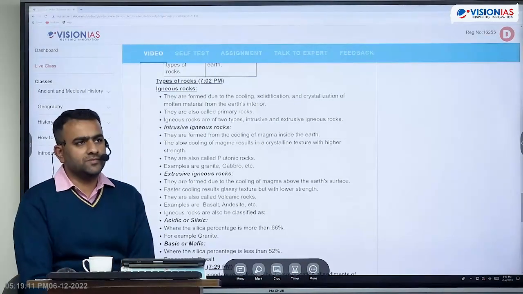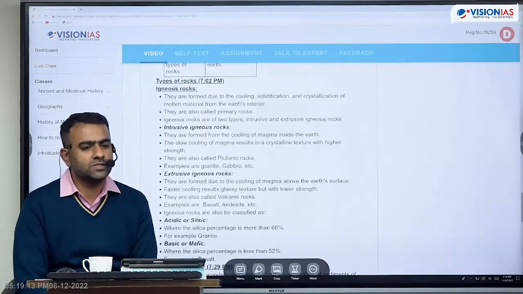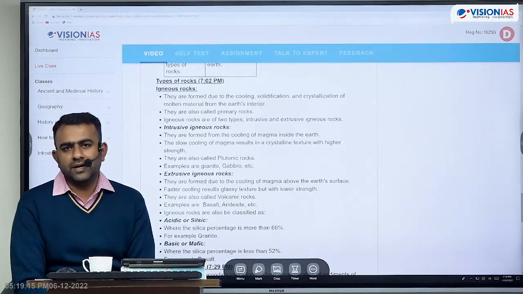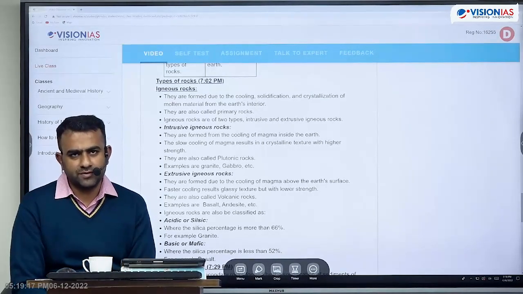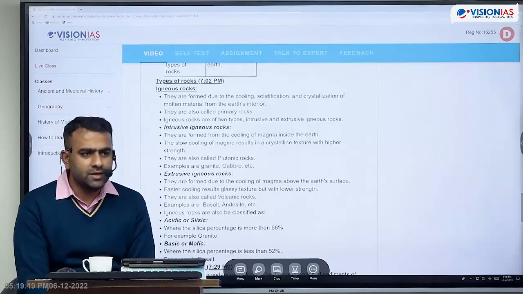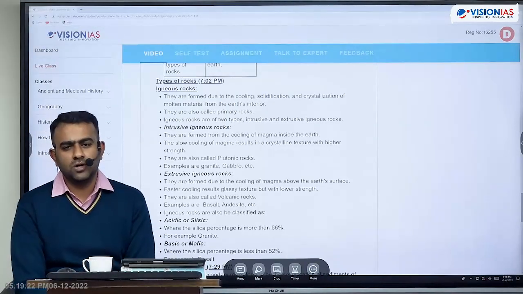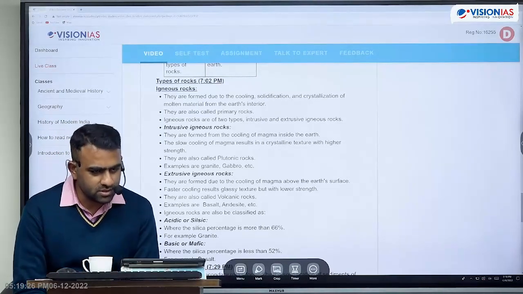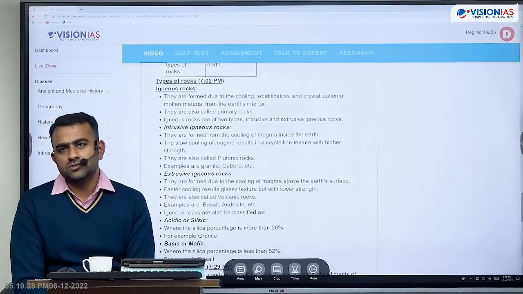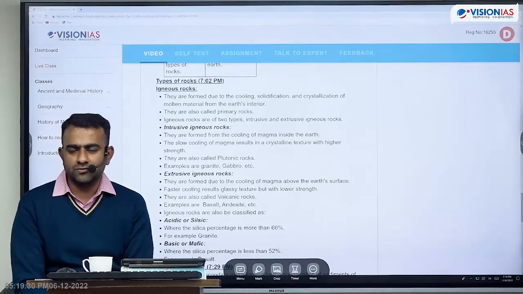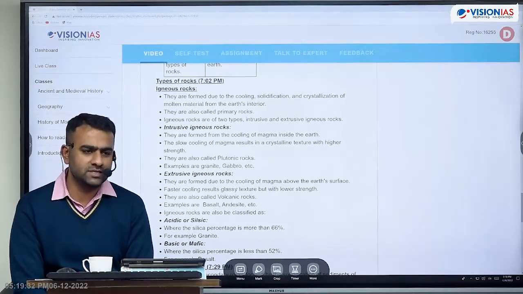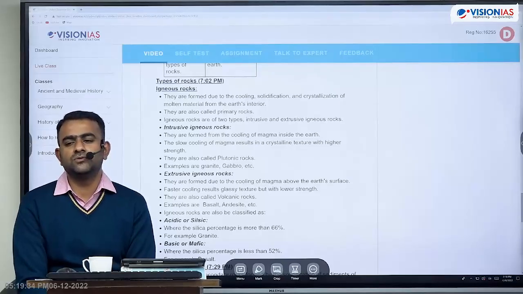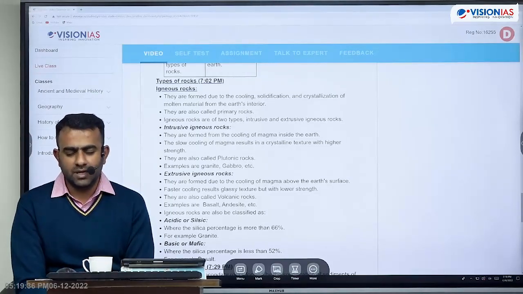We have two types of igneous rocks: intrusive igneous rocks and extrusive igneous rocks. Intrusive igneous rocks are formed below the surface, extrusive above the surface. Intrusive is also called plutonic rocks. Extrusive is also called volcanic rocks. Intrusive usually cools slowly and develops crystalline texture. Extrusive cools faster and develops glassy texture.